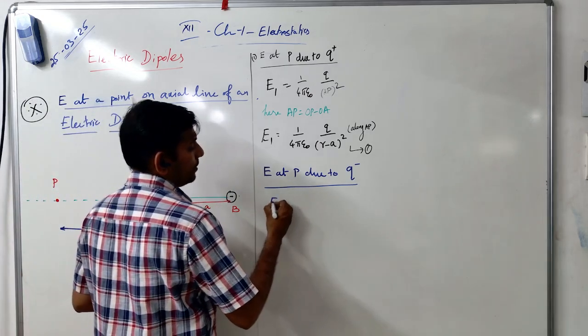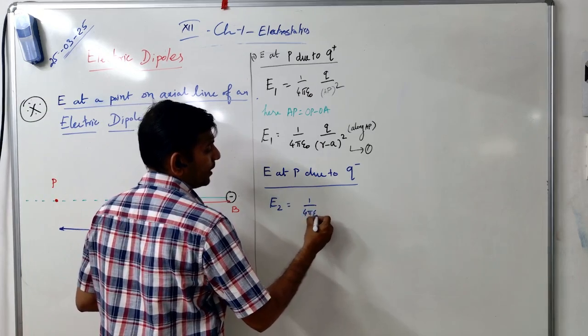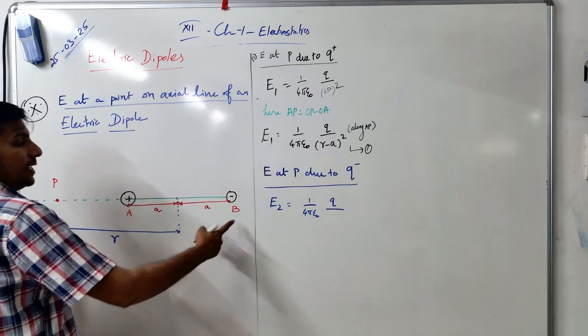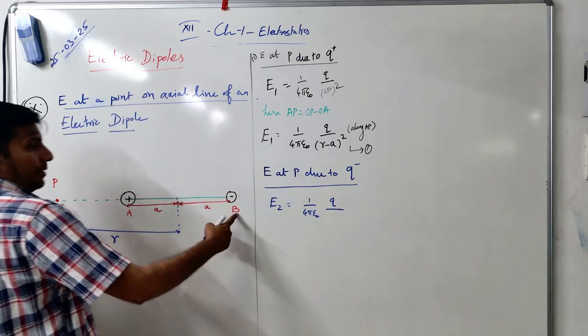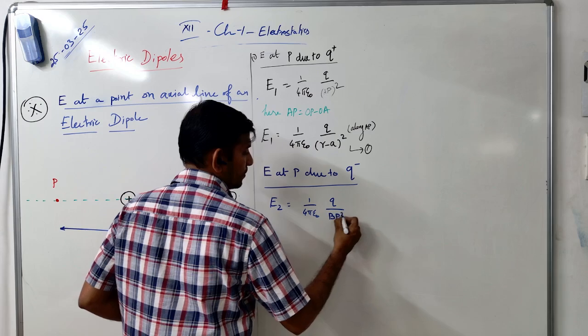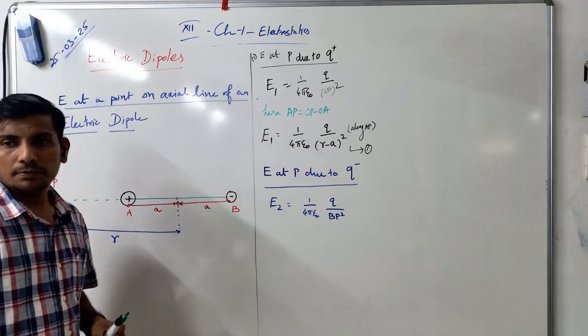What's the formula now? E2 is equal to, as usual, 1 by 4 pi epsilon naught q divided by the net distance, which is B to P. Correct?